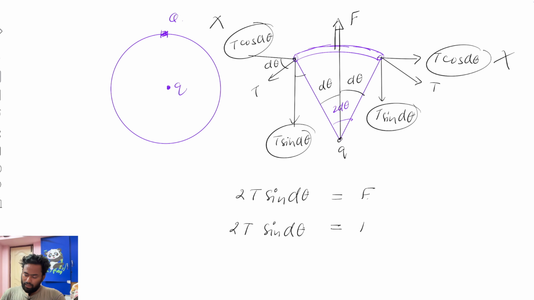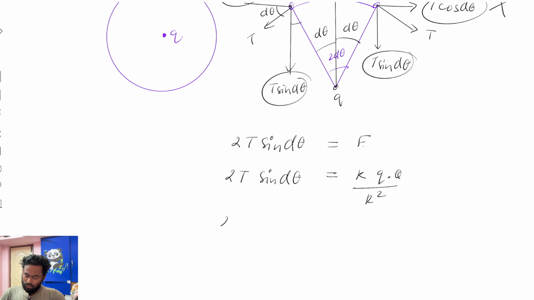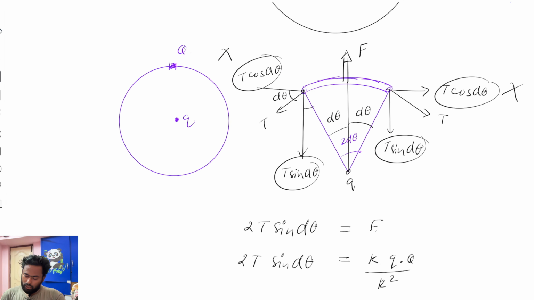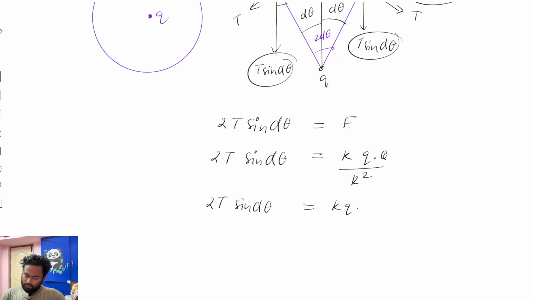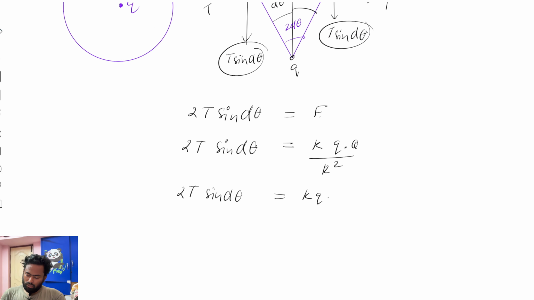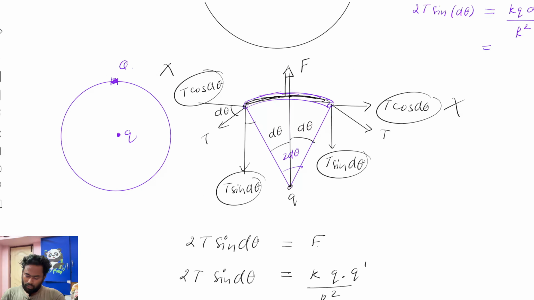F will be K, small q capital Q divided by R square. So 2T sin d theta equals K small q, and capital Q is basically the charge on this one, not the total charge but the charge on this element. Just to avoid confusion, let's write it as Q dash. So Q dash means the charge on the elemental part of the ring.